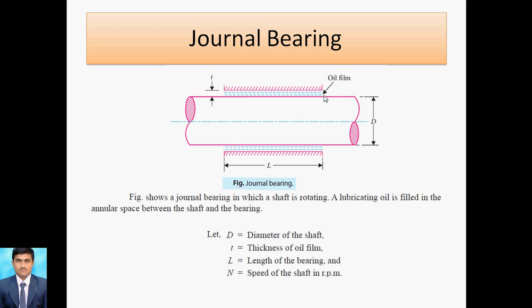Capital D is the diameter of the shaft, t is the thickness of the oil film, L is the length of the bearing, and N is the speed of the shaft in RPM. This is the given data.